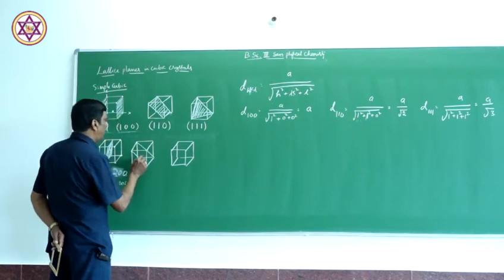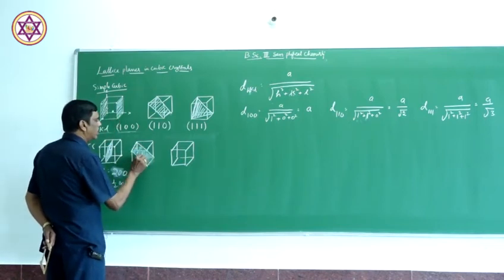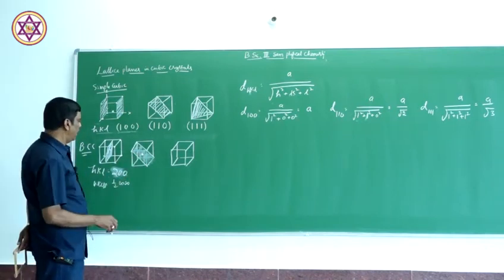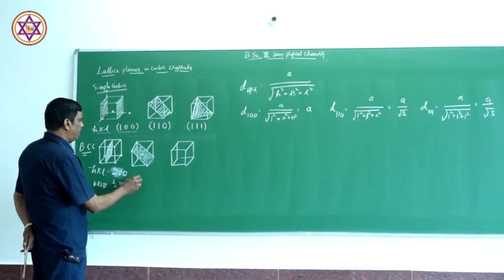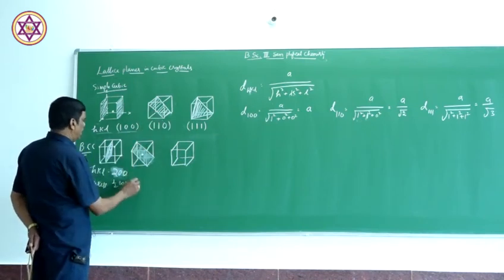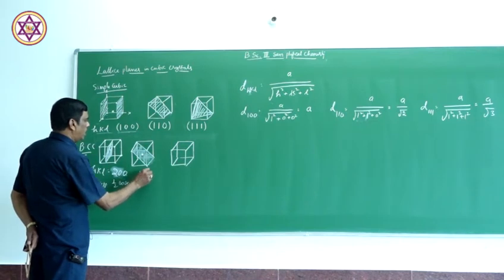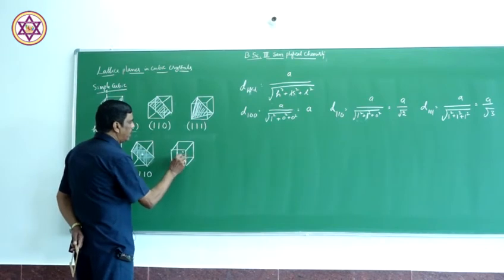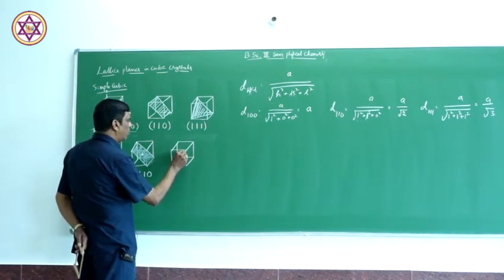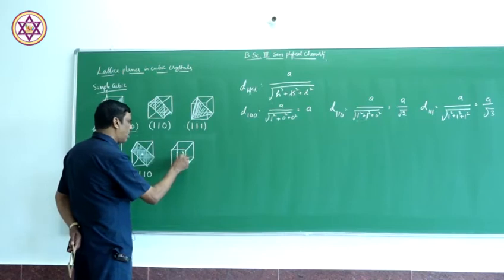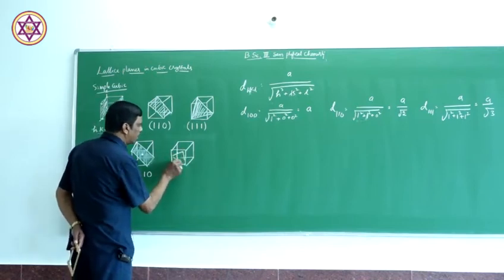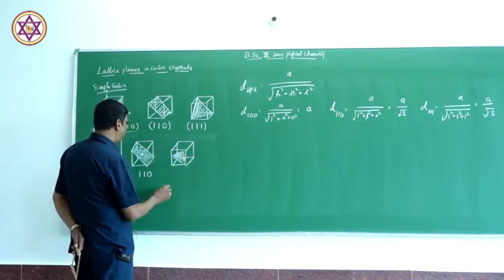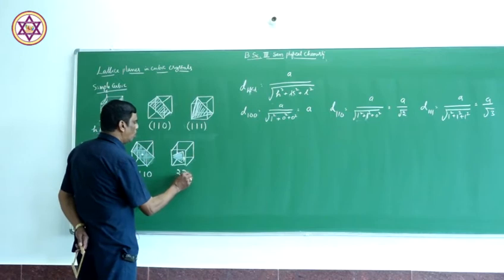Another possible plane is this one, which involves the body centered particle here. This plane is the 1 1 0 plane. Another possible plane in the body centered cubic lattice bisects all the directions by 2, and this is represented by the 2 2 2 plane.